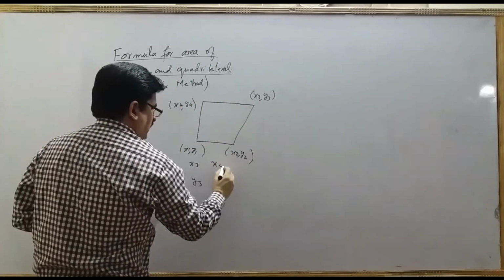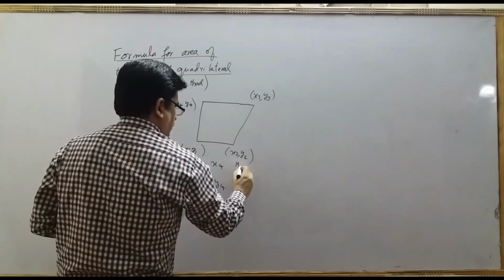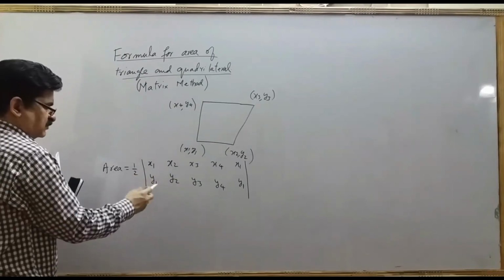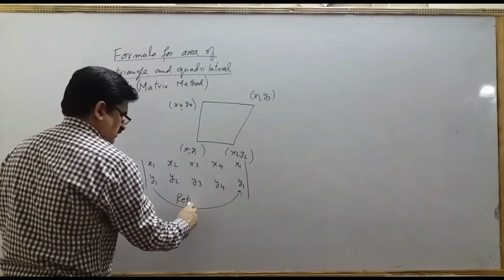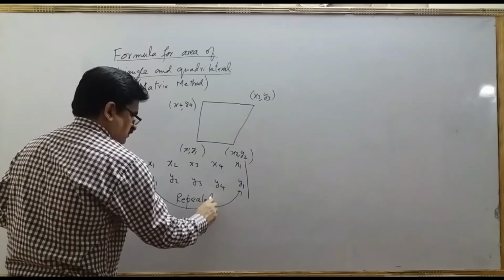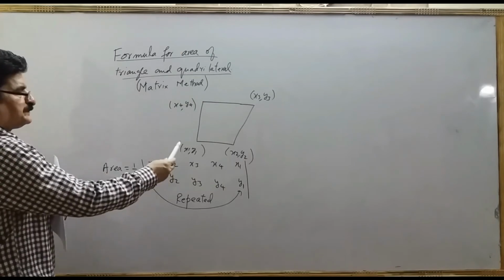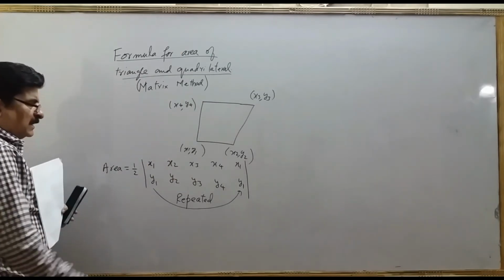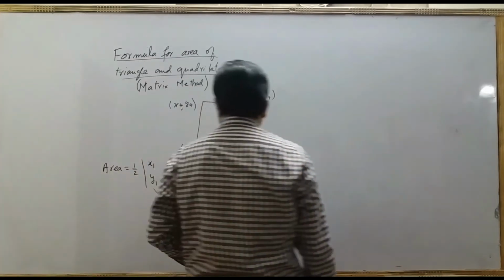Then you will take last point x4, y4. Now, very important point, that you will repeat this first point. So it is repeated. And the same formula can be used for triangle. Now, how will you find this value? I will explain it by an example.